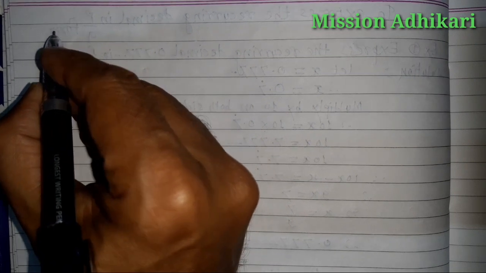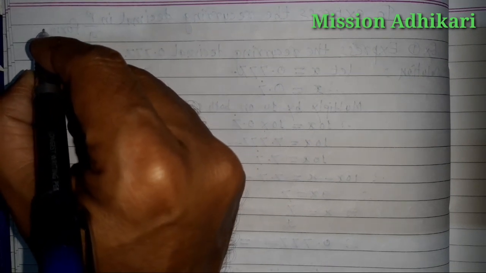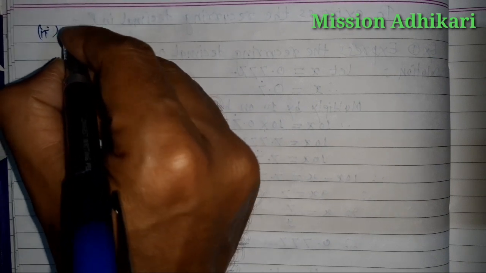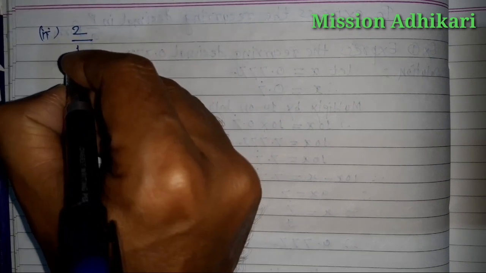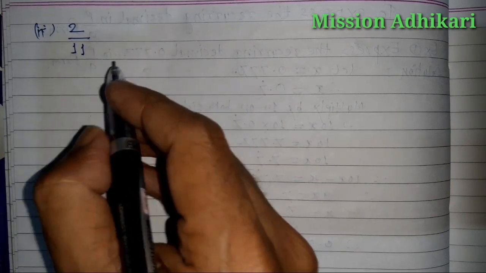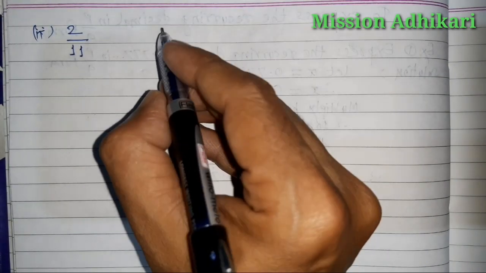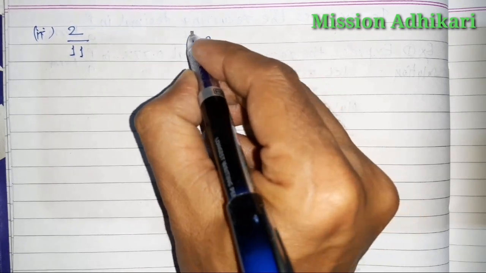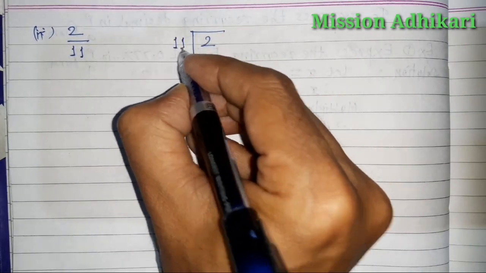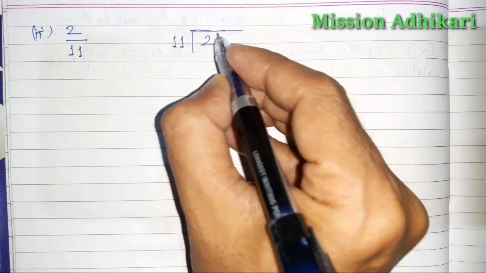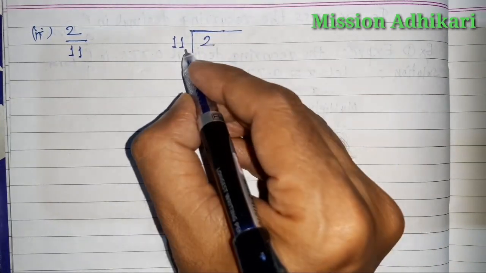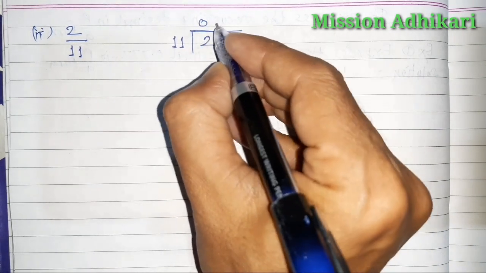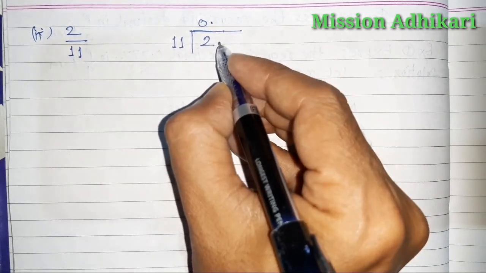Hello friends, we take another example, 2 upon 11. Now we divide 2 by 11. When we divide 2 by 11, we take an initial 0 and decimal point.